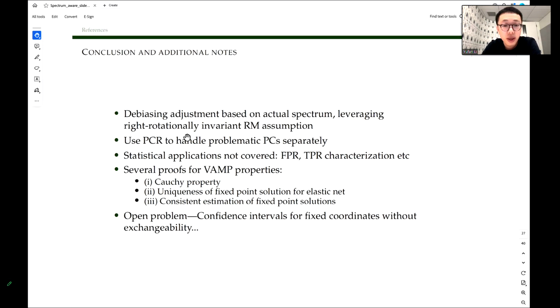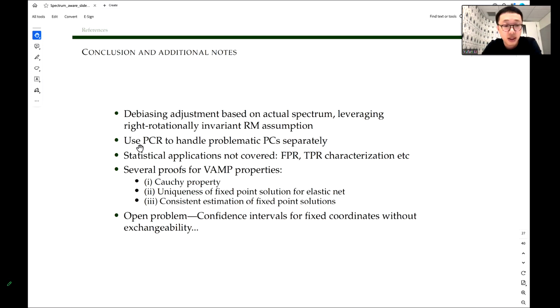So in summary, we proposed a new debiasing adjustment based on the actual spectrum instead of assuming the spectrum converges to the Marchenko-Pastur law, and we leverage the right rotationally invariant random matrix assumption.